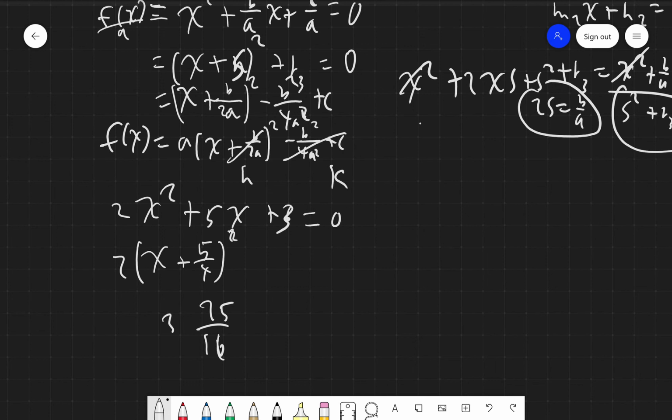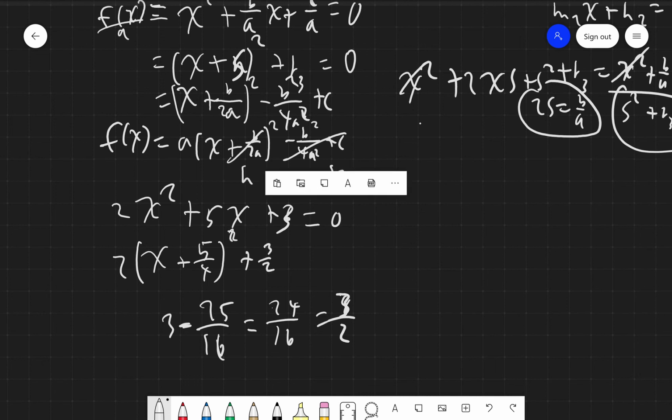So we need 3 minus that, so that 25 over 16 plus this correction factor equals 3. That's 48 minus 25, which is 24 over 16, equal to 3 over 2. So we have plus 3 over 2. Hopefully that works.